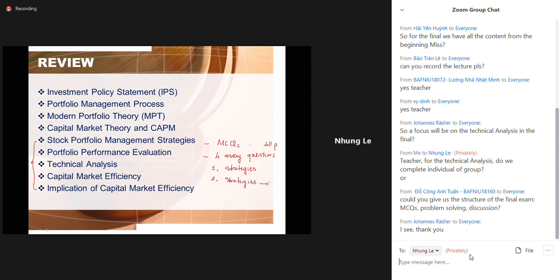It is also about strategy, but here more about implication, not really about strategy but linked to the market efficiency hypothesis. At the different levels of market efficiency, please think about whether we can earn abnormal return or not, and if we want to earn abnormal return, which strategy we should employ.